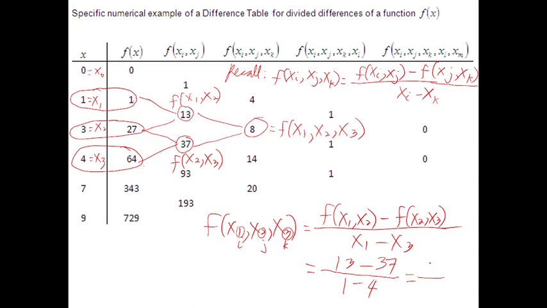That's negative 24, I think. Negative 24 over negative 3. So 24 over negative 3 is 8. That's why we get 8. So the value of f of x1, x2, x3, which is the second order divided difference of f considering x sub 1, x sub 2, and x sub 3, is 8.